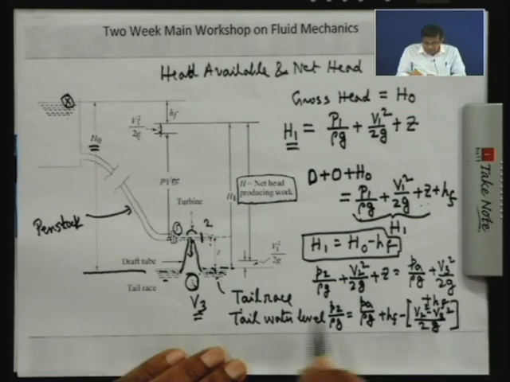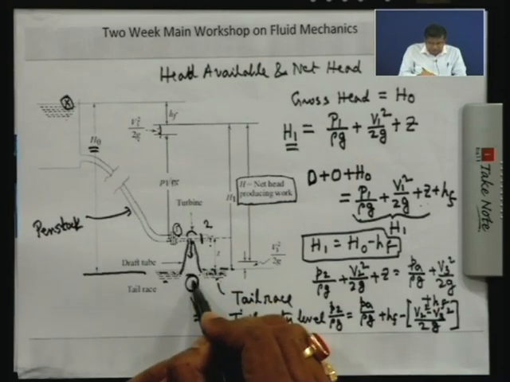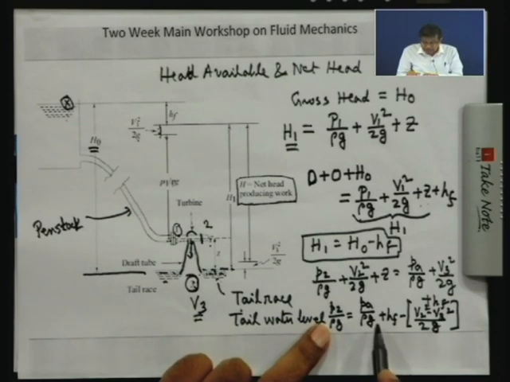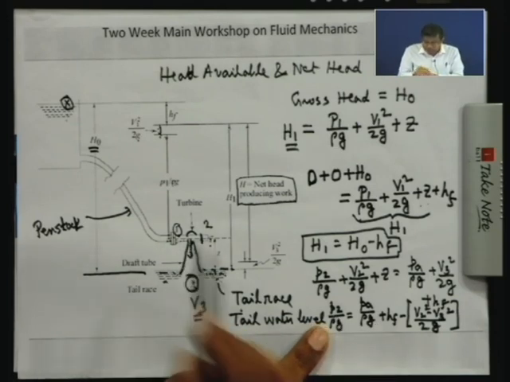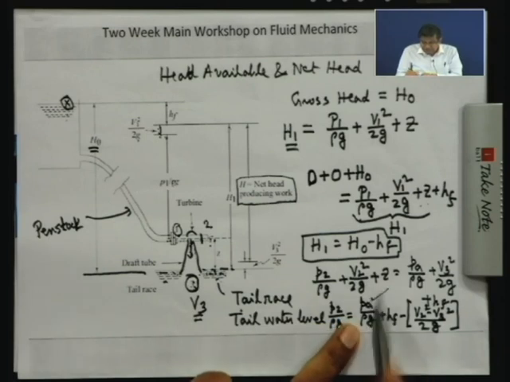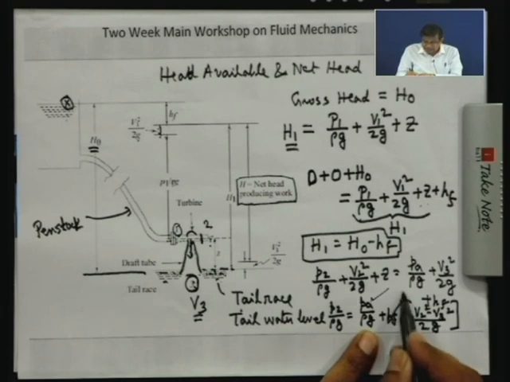So, writing Bernoulli's equation at the inlet to the draft tube, that means the outlet of the runner, and at the tail race level, we get an equation which tells us that the pressure at the inlet to the draft tube, or outlet from the runner, is less than the atmospheric pressure. HF is usually very small, we can neglect it.